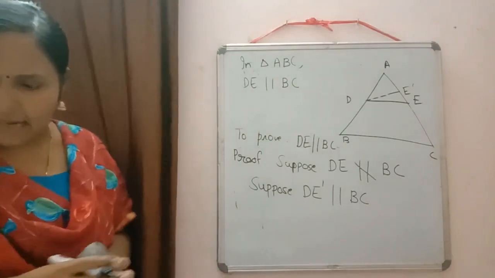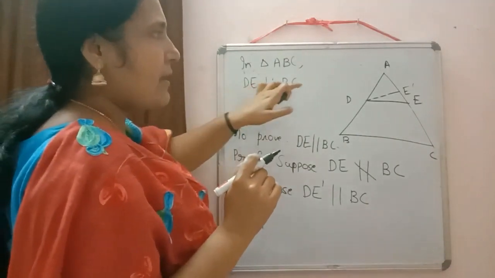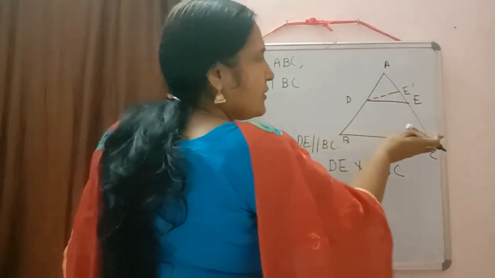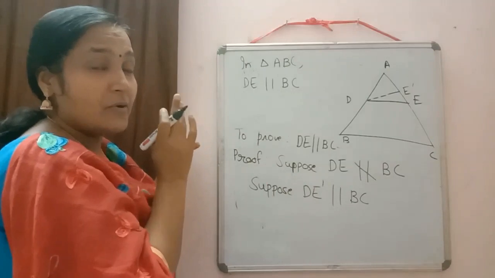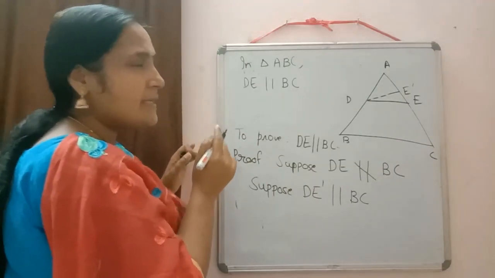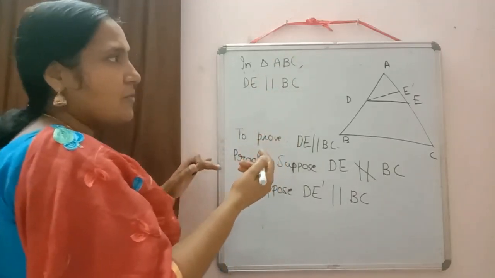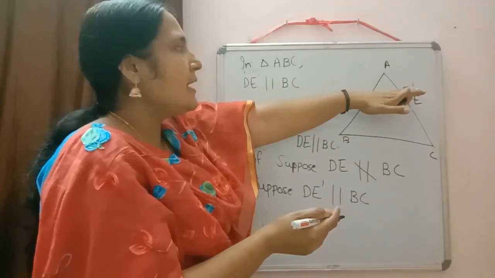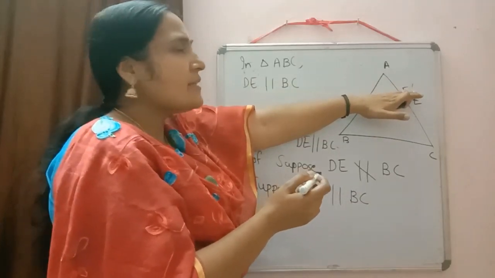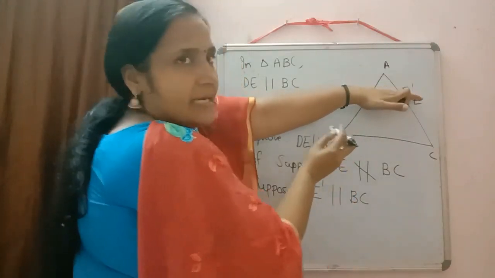So we can use the basic proportionality theorem. What does the basic proportionality theorem say? The sides will be in the same ratio. Which side have we taken here? DE dash. So in this way, if you draw, what are the two sides we have for AB? AD and DB.